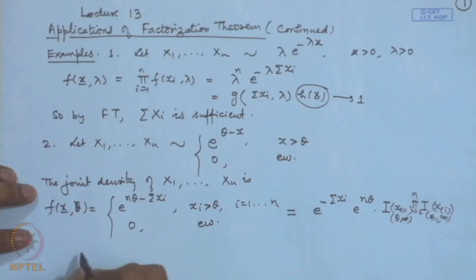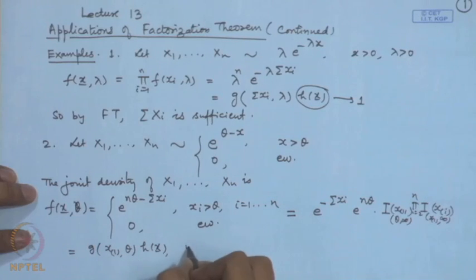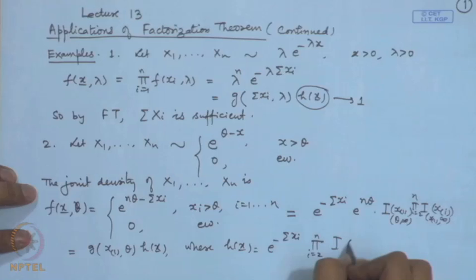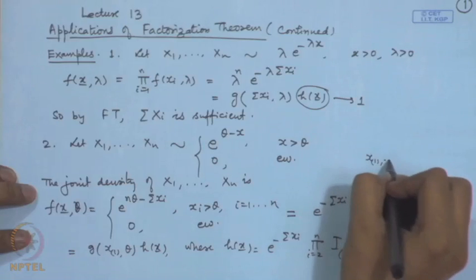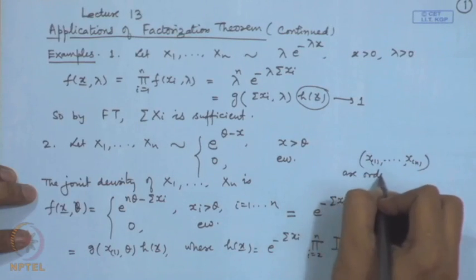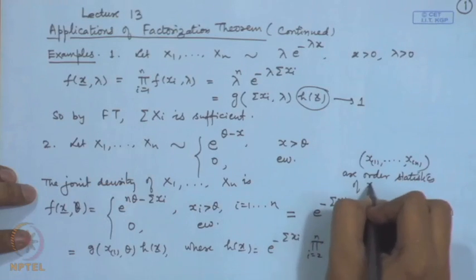So, what can we consider? We can write it as g(x(1), theta) into h(x), where h(x) I am writing as e to the power minus sigma xi into the product, i equal to 2 to n, of the indicator of xi from X(1) to infinity. Here X(1), X(2), ..., X(n) denote the order statistics of X1, X2, ..., Xn.